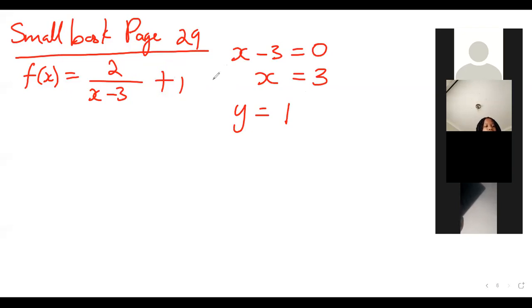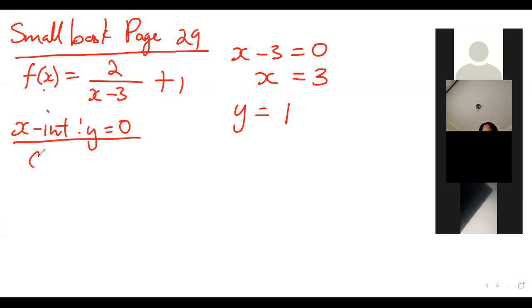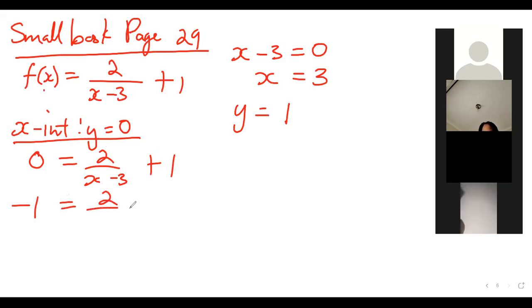All right. Then it says calculate the coordinates of the x and y intercepts. Remember, for the x intercept, y is equal to 0. So 0 is equal to 2 over x minus 3, plus 1. First transpose to the left, it becomes minus 1 is equal to 2 over x minus 3.